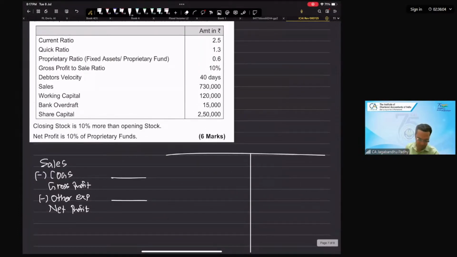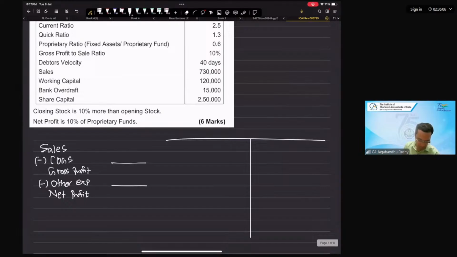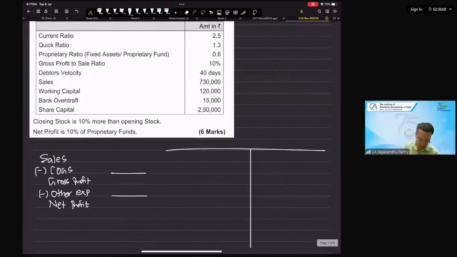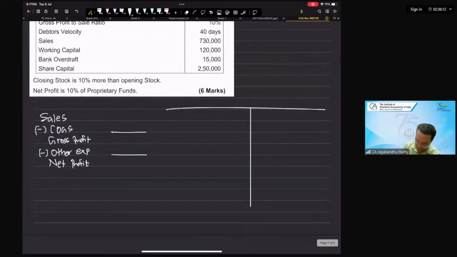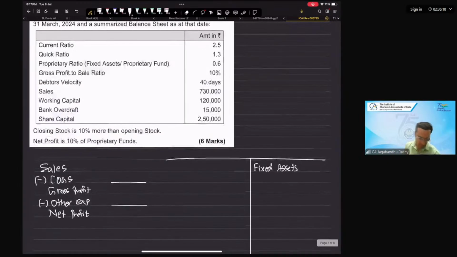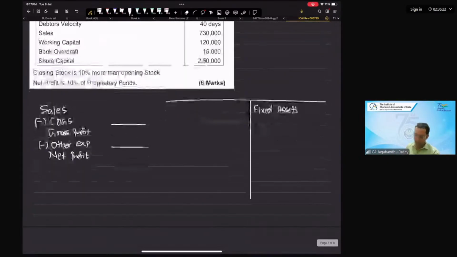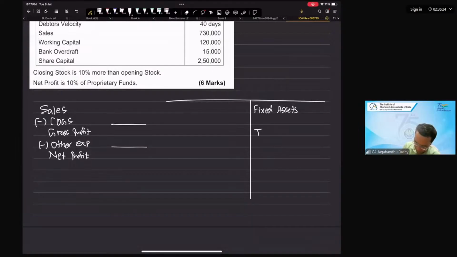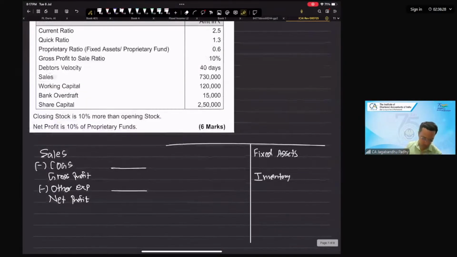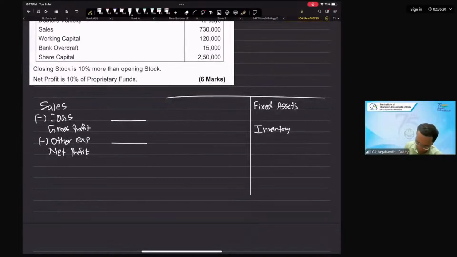Now, in this, we have the value of fixed assets, which I need to put in. Then, since we have working capital, bank OD, and debtors, and quick ratio is also given, we'll talk of inventory, and debtors value is also going to be obtained.